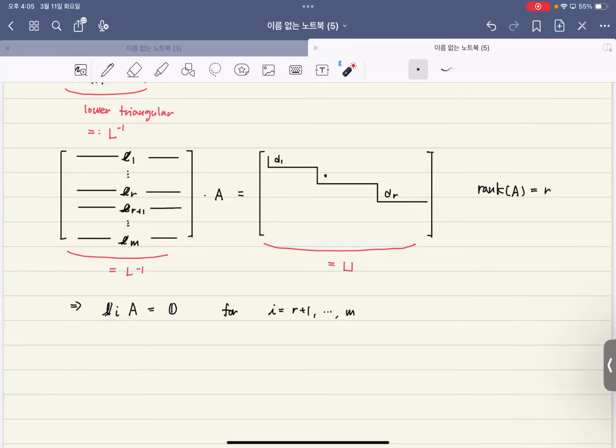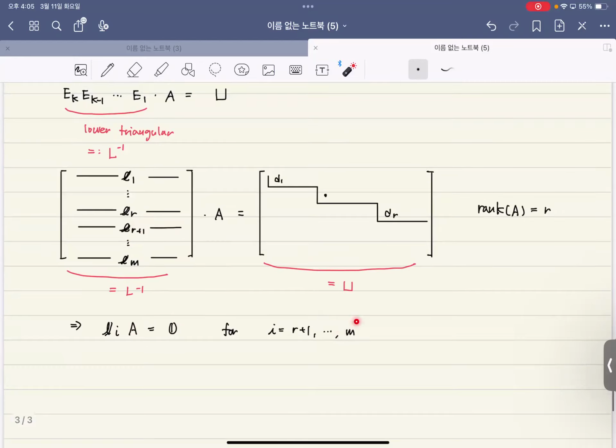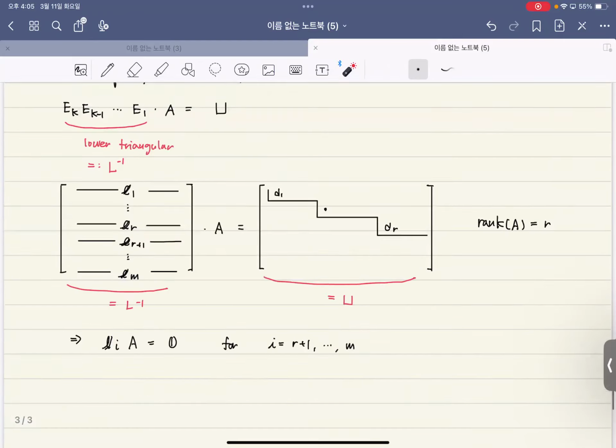And these vectors multiplied to A on the left give 0. The number of such vectors is precisely n minus r.